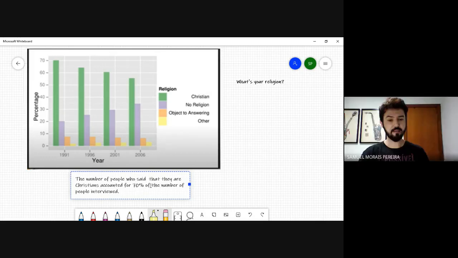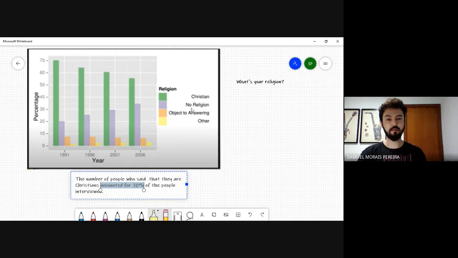Right. Eu poderia tirar the number here falando assim, ó. Just a moment. Eu poderia falar simplesmente assim, ó. Of the people interviewed, né? Tenta fazer assim. Você não pode começar do accounted for, né? Você tem que falar primeiro do que está falando.